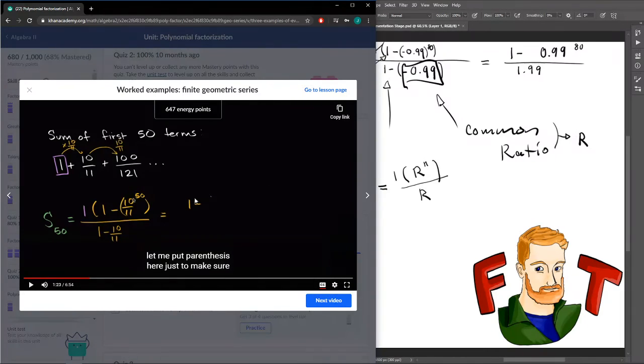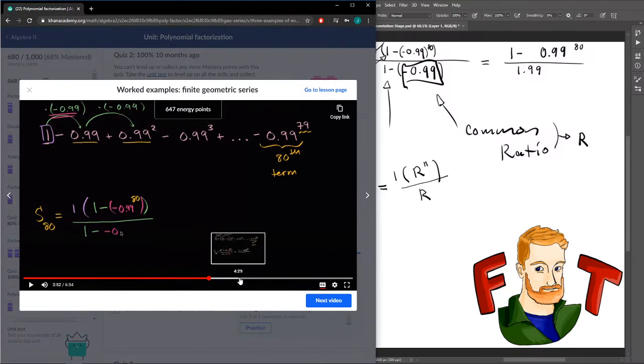So we have 1 times, over 1 minus. So 1 times the first term minus the common ratio to the n over 1 minus 10 over 11. So 1 minus the common ratio. Okay, so that's 1s.